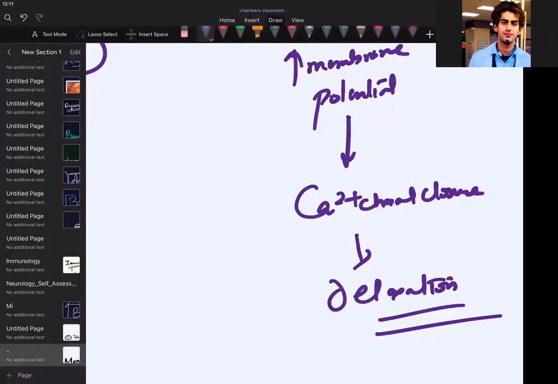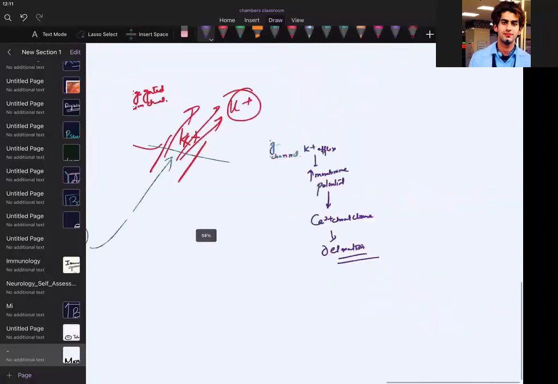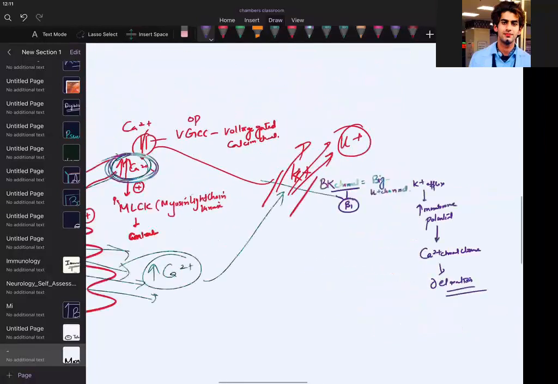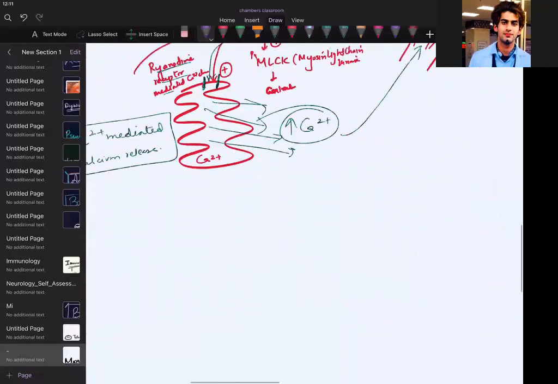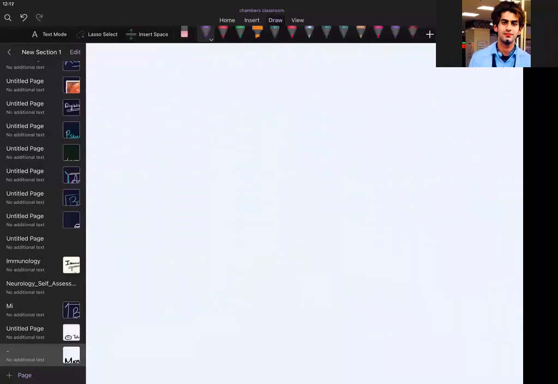Very nice. So this is the mechanism. Easy. This was what we had learned in physiology. I had taught you the factors last time, if you have attended my physiology lectures on membrane potentials and potassium channels.